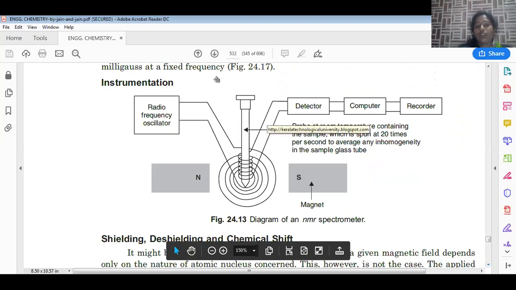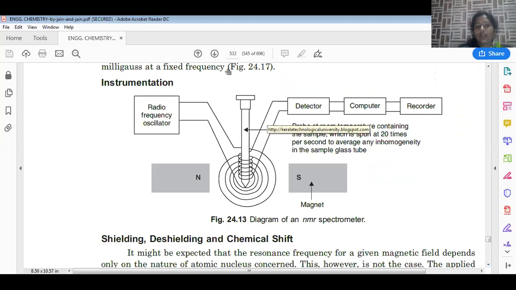Now we are going to see the instrumentation of NMR spectroscopy. When radio waves are allowed to fall on the sample, here we have the sample holder. The sample holder contains the given sample dissolved in a deuterated solvent, DMSO D6 or deuterated chloroform, because the solvent should be free from hydrogens, so that there is no interference of solvent in the spectral lines.